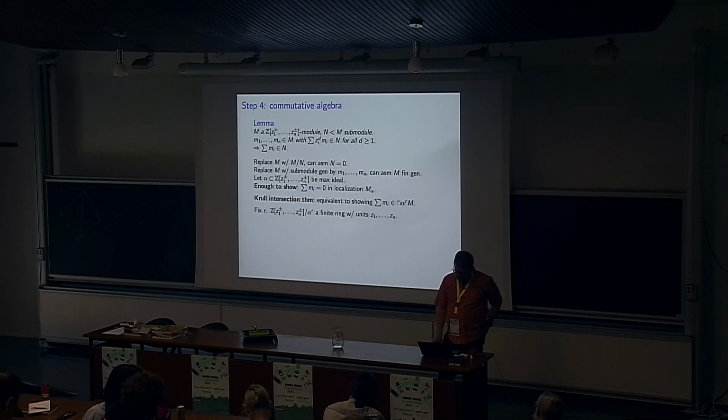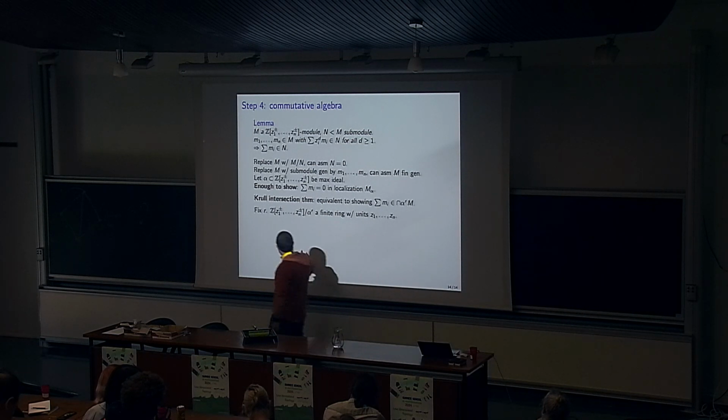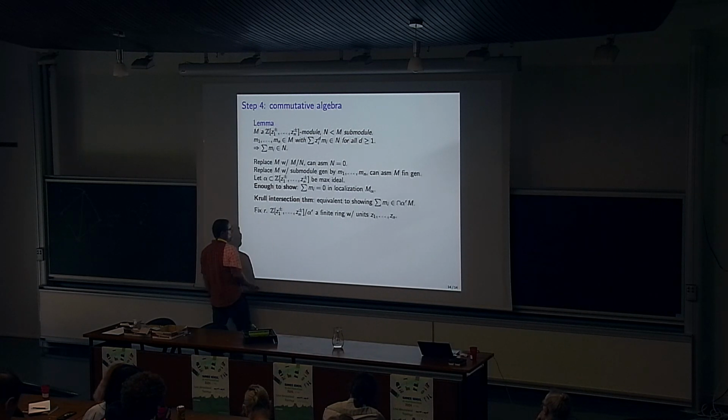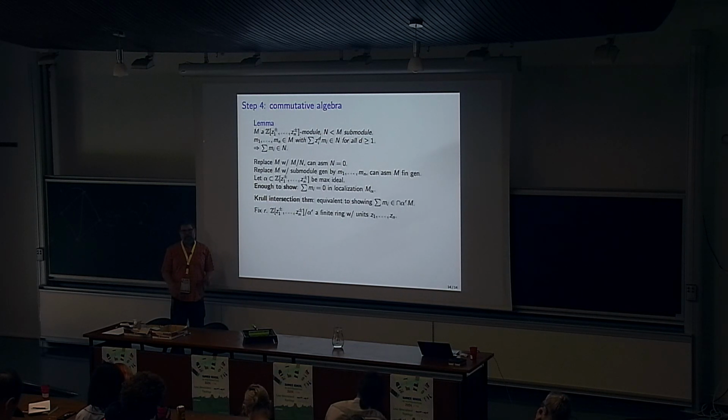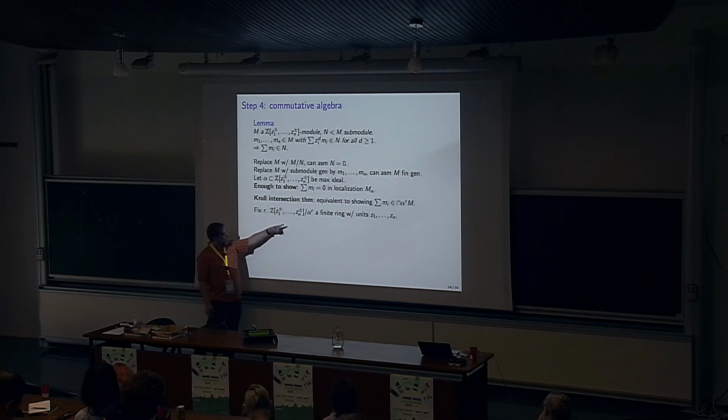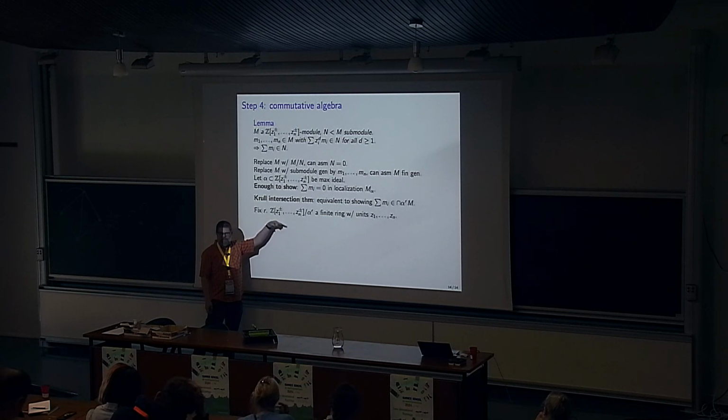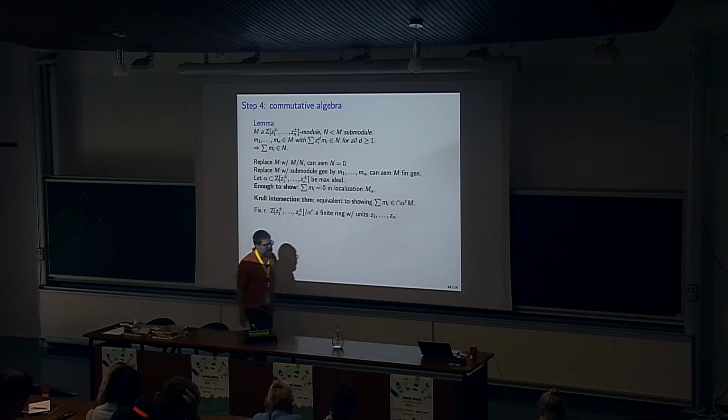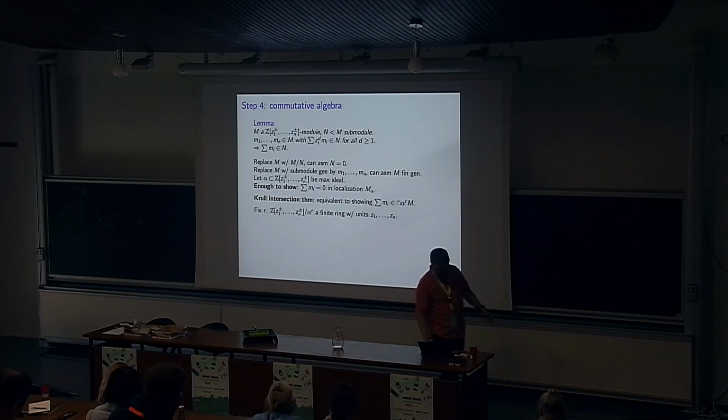So fix some r. Alpha is a maximal ideal in this ring, right? And if we mod out by alpha to the r, well, that's a finite ring. So I'm now studying a finite ring. The z1 through zn are all units in this finite ring because these are Laurent polynomials, right? So I have z1, but I also have z1 inverse. And so I have units in my ring, like a subgroup of the group of units.